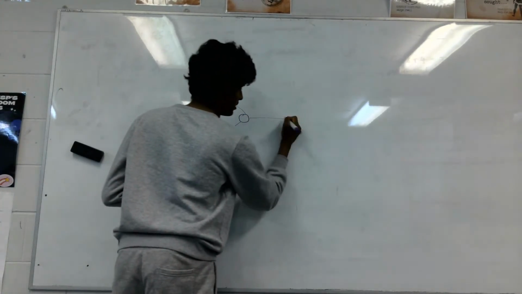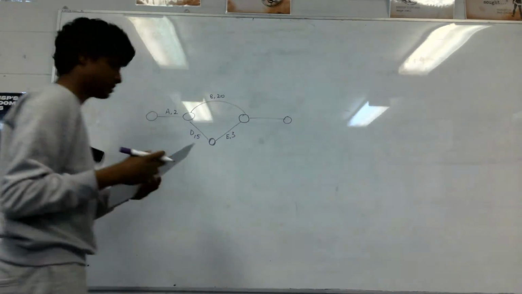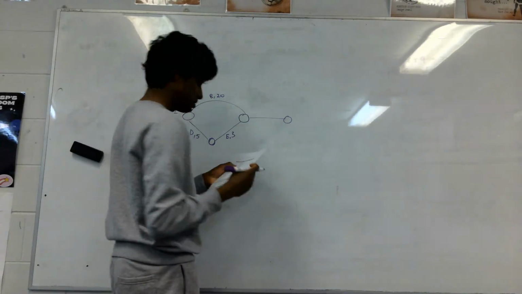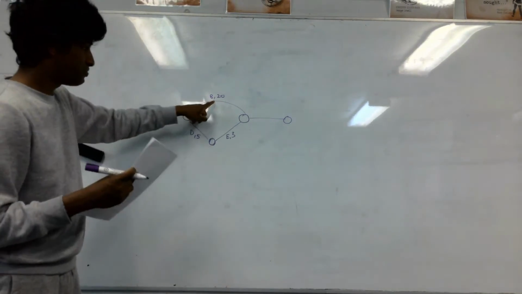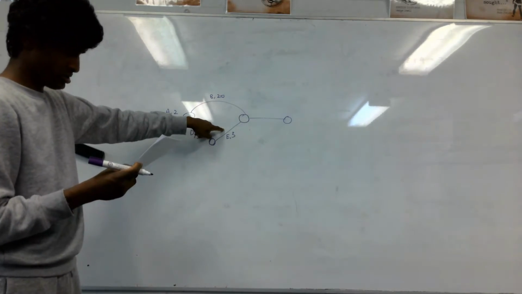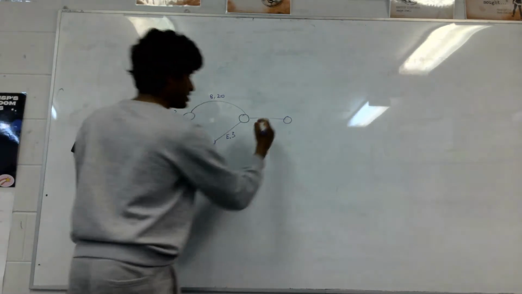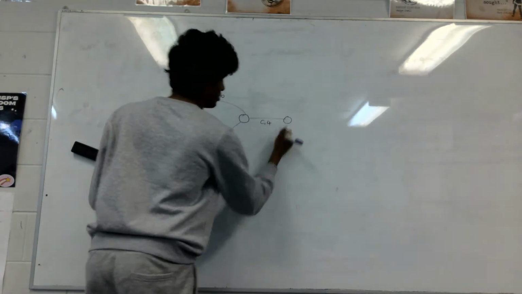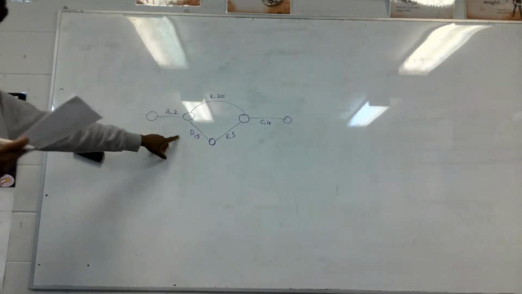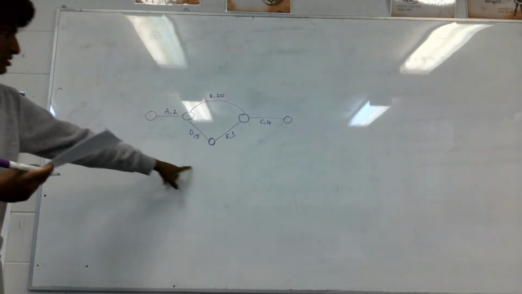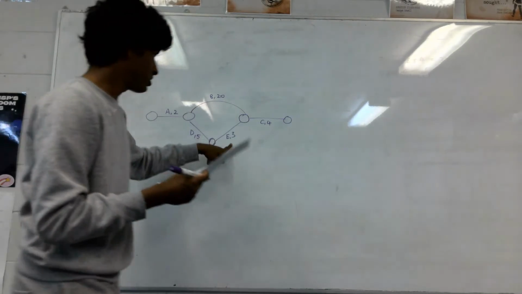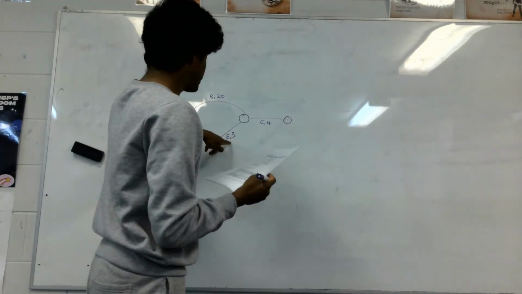To get to our next task, after B and E happen, we've got C, so this is C4, and then after D happens, E happens, and activity F can only happen after activity E is finished.